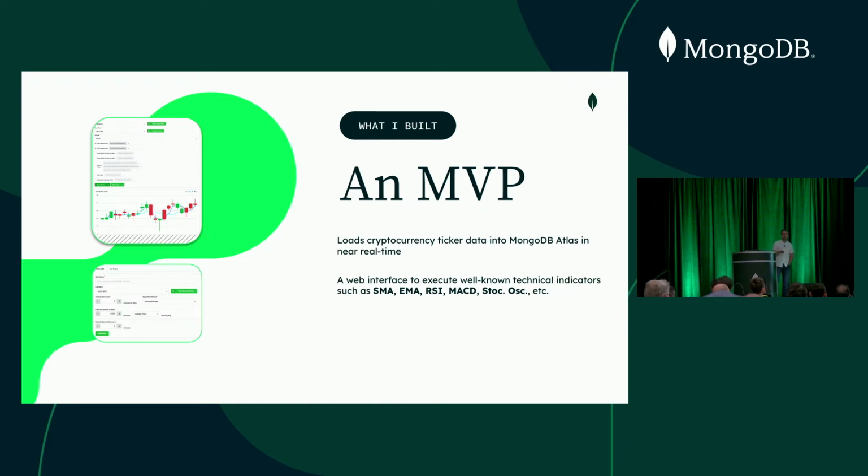So if you don't know any of these technical indicators, don't worry, I will walk you through so you will have better understanding. And also you can define some kind of rules. So if, for example, a given cryptocurrency price reaches some point, then automatically you can take some action.